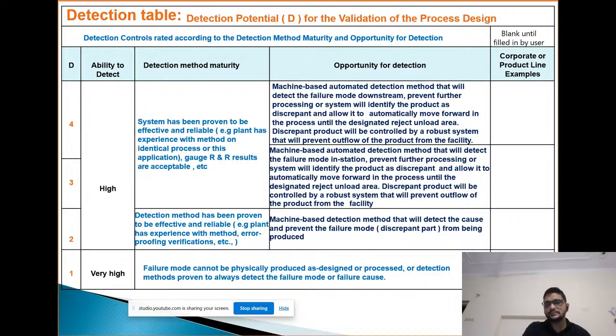That is rating 2. In case of rating 1, the ability to detect is very high, and the detection method maturity or opportunity for detection is that the failure mode cannot be physically produced as designed or processed, or the detection method is proven to always detect the failure mode or failure cause.